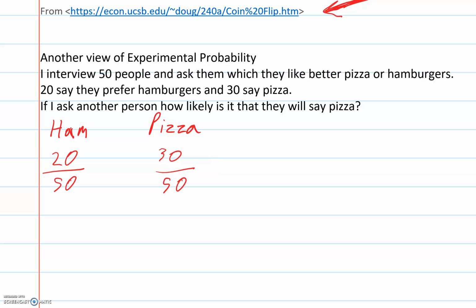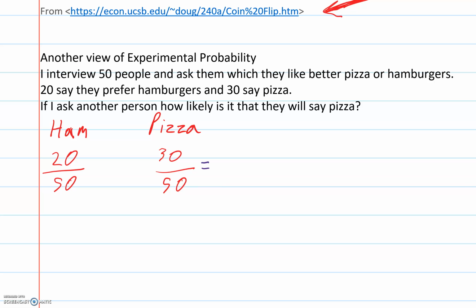Okay. So if I ask another person, the 51st person, as the surveyor, I'm guessing which one is more likely to be the answer. Well, pizza is more likely. More people answered pizza. Well, how likely is it? So let's take a look at that. If we take this into a calculator, you can get a specific decimal, or you can start simplifying.